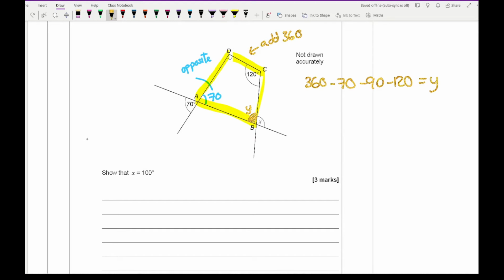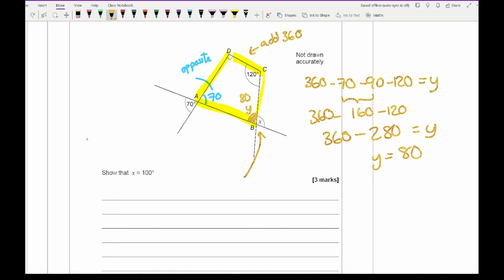So if I work that out, so 70 plus 90 is 160 plus 120 is 280, so I've got 360 minus 280 gives me an answer of y. So y equals 80 degrees. So this angle here is 80, and then to work out what x is going to be, 180 minus 80, so x equals 100 degrees, which is what they asked me to show.